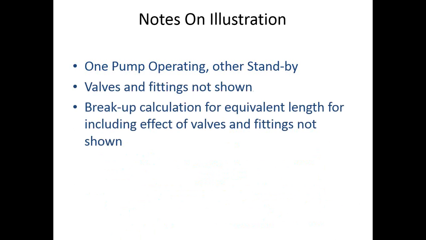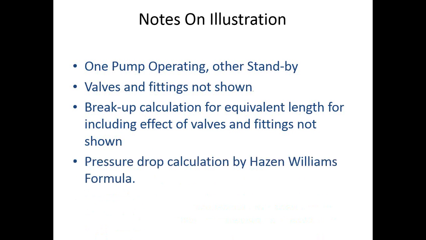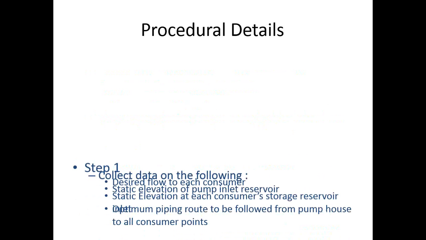Breakup calculations for equivalent length, for including effects of valves and fittings, are not shown. Pressure drop calculation is by the Hazen-Williams formula. The next few slides would describe the step-by-step process which the designer would need to execute to calculate the individual line pressure drops and derive the pump parameters.